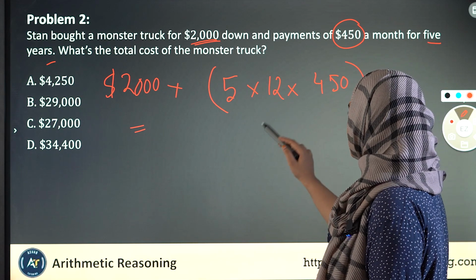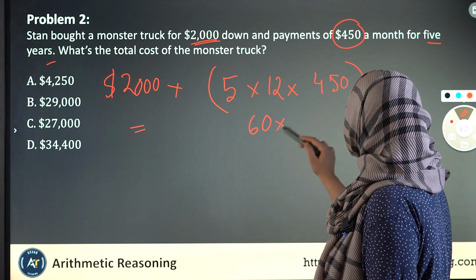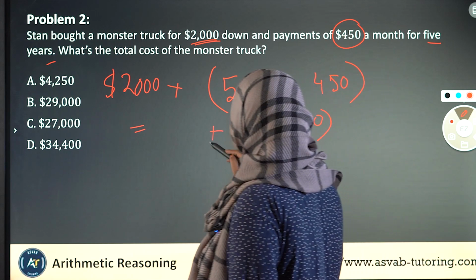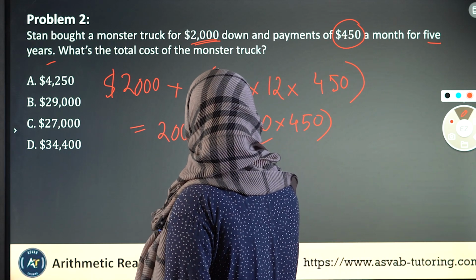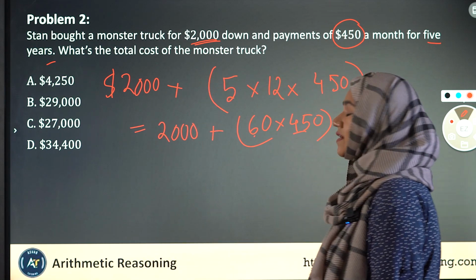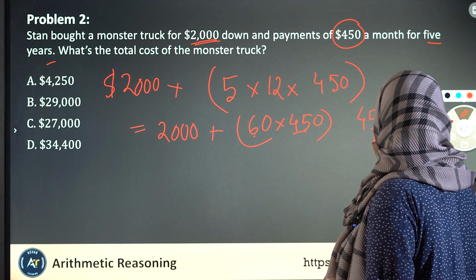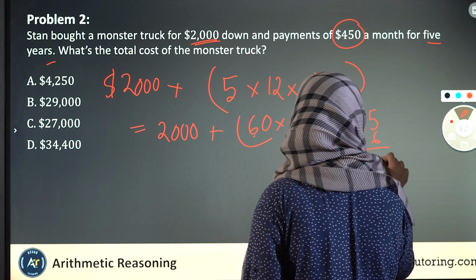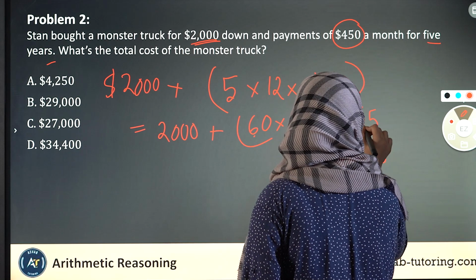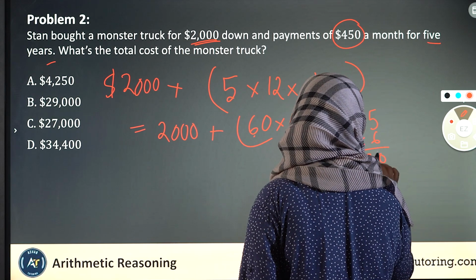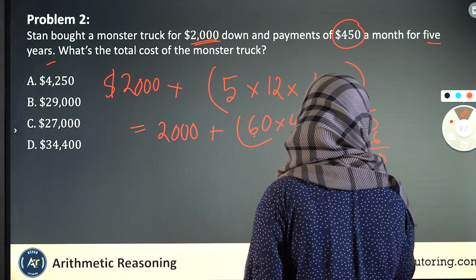Now let's do the math very easily. So 5 times 12 is 60. So 60 times 450. Because we don't get to use a calculator, what we can do is do 45 times 6 and then just put the zeros. So 45 times 6 is what? 6 5s are 30, carry the 3. 6 4s are 24 plus 3 is 27, my bad.